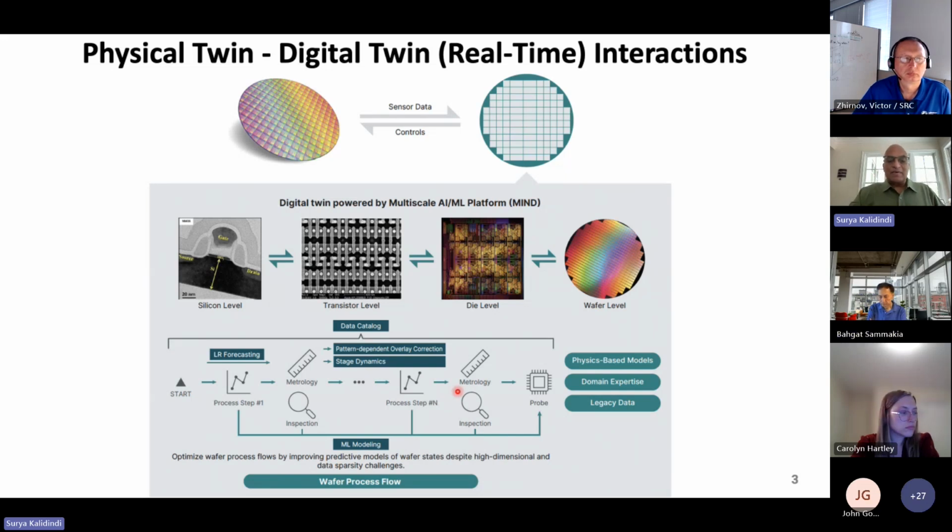And the data can come from actual physical observations, or it can come from physics-based models. I'm using the word physics-based models very broadly. So it could be any modeling and simulation tool, including empirical models, including any domain-established rules of any kind. That's all of them, I'm calling them physics-based models. Sometimes there is some domain expertise that's beyond these physics-based models.